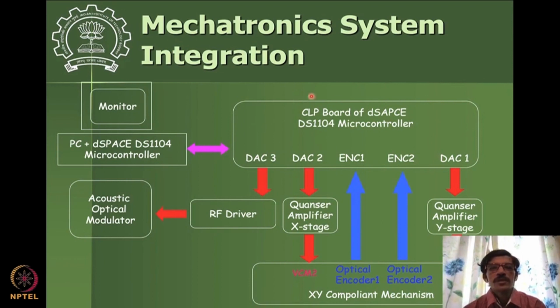Although this is a costly affair, once this system is available, you can do a lot of mechatronic system prototype testing very fast, because you don't need to worry about programming a microcontroller. These are already available as block sets in Simulink. You can just put together those blocks and start programming, and all the programming will happen automatically for this microcontroller.